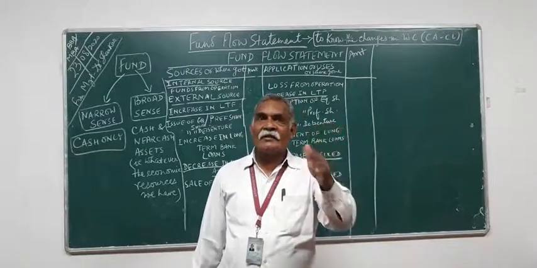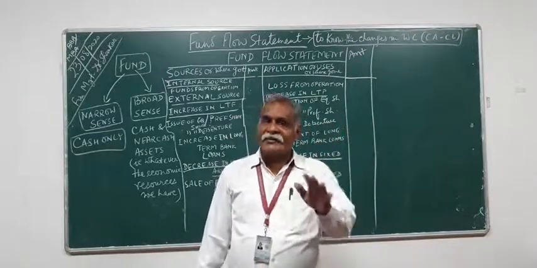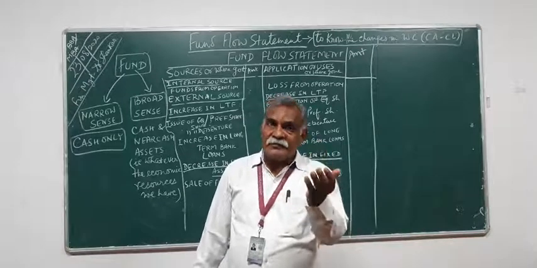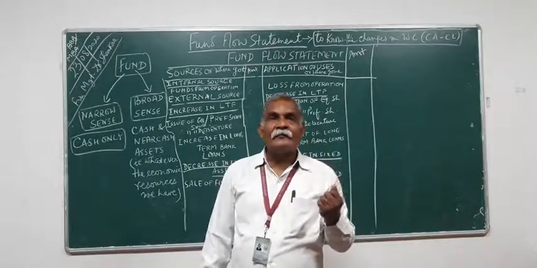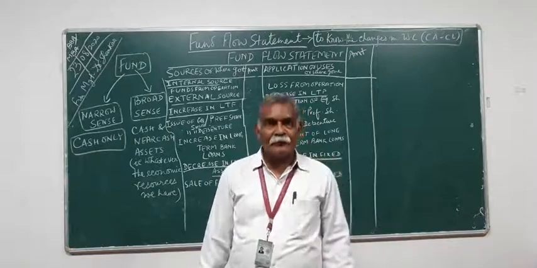One is cash sales, the other is credit sales. Cash sales is the money you receive immediately at the time of sale.